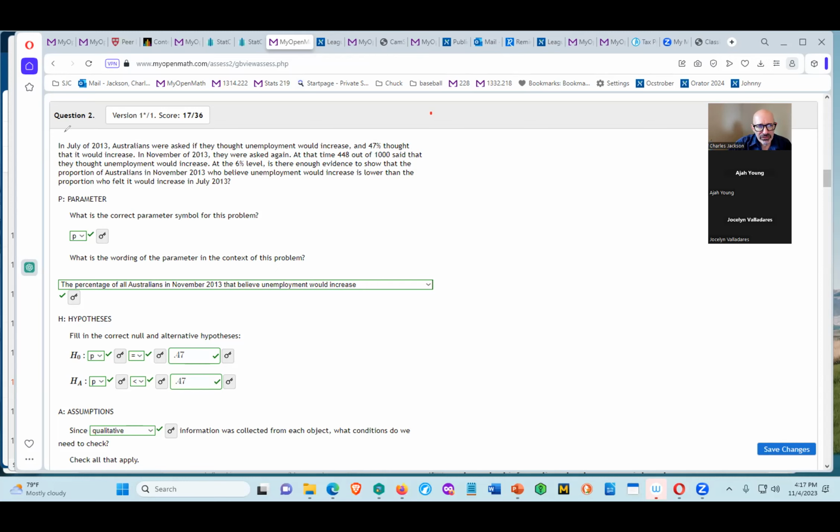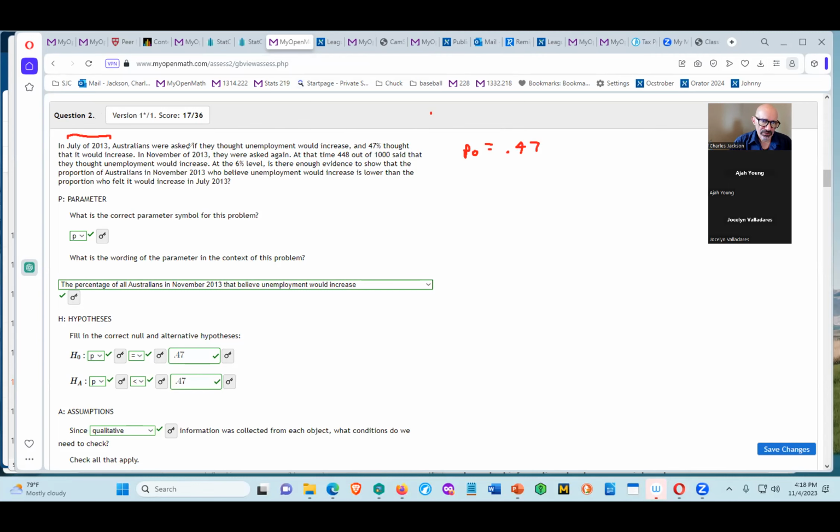So the July of 2013, I think they're going to let that kind of be a baseline. And so that will be the p of the null hypothesis, p sub null, p sub 0, and that's 0.47.